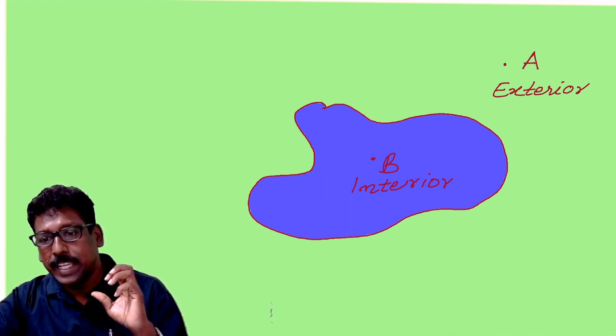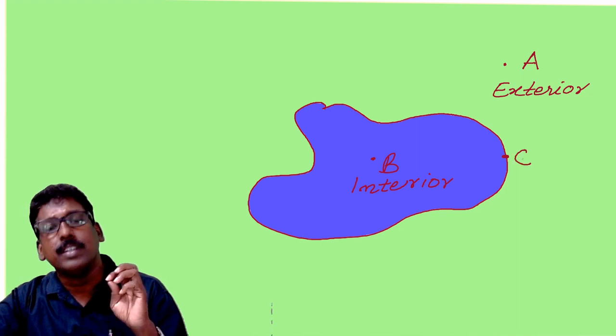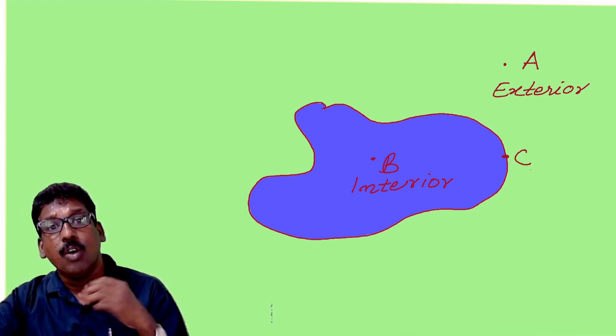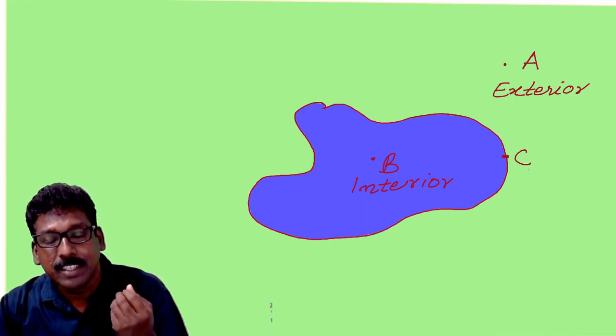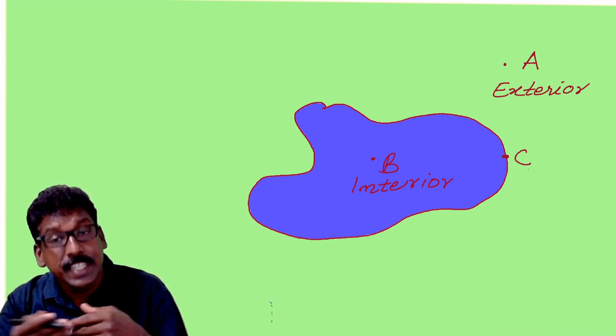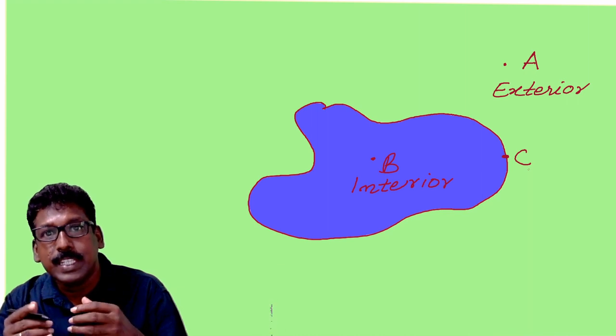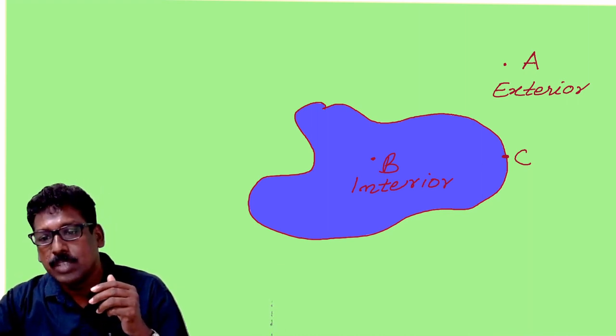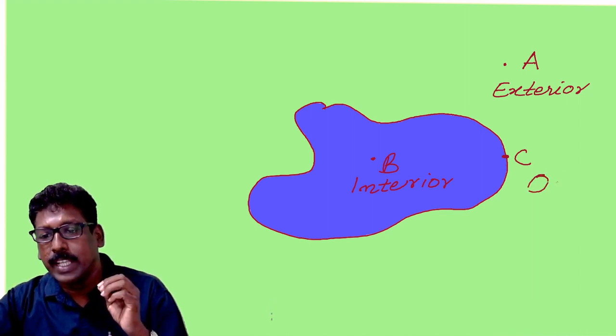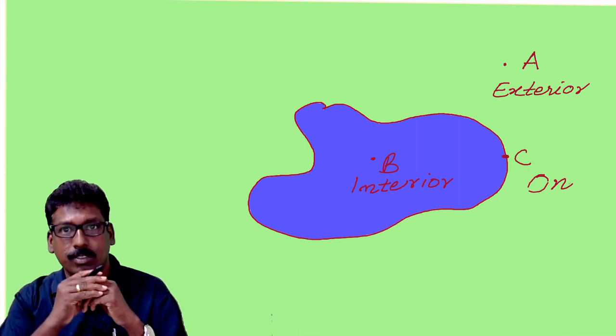Now if I take a point here, let that point be C. Where is it? Is it exterior or is it interior? No, it is on the boundary of that curve, or we can say C is on the curve.